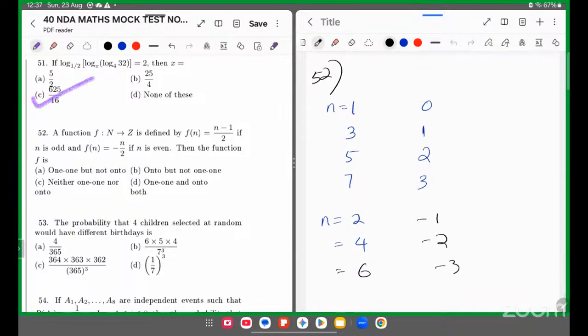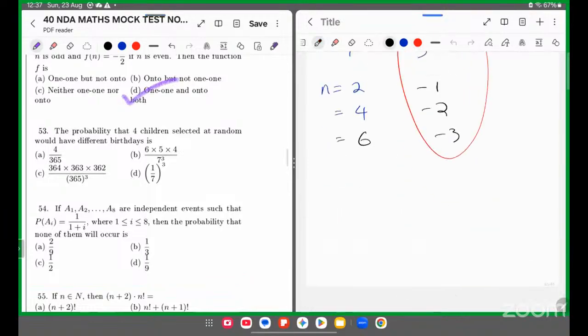That means for every element, separate images are there. So I can say that it is a one-to-one function and every member of Z is also covered. So I can say that it is an onto function. So this is one-one also, onto also. One-one and onto both. So the answer will be option D.